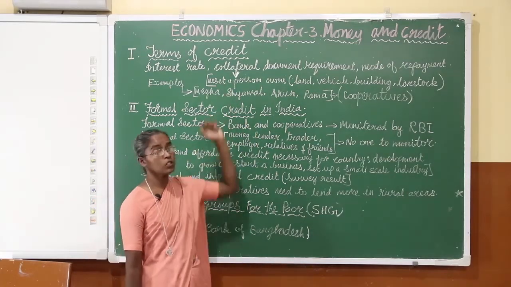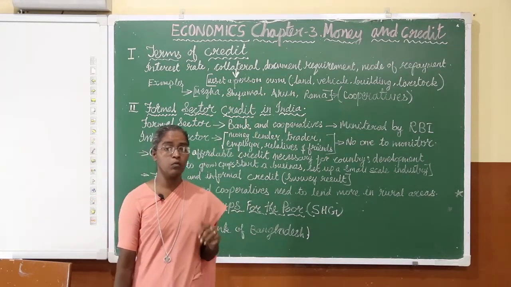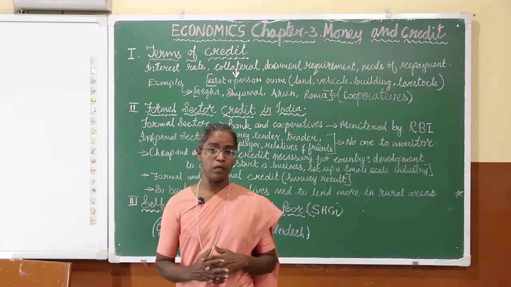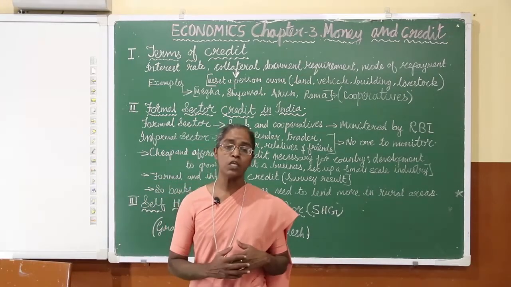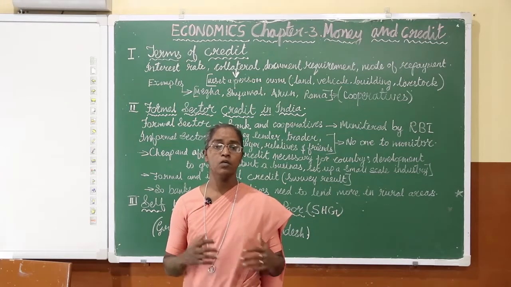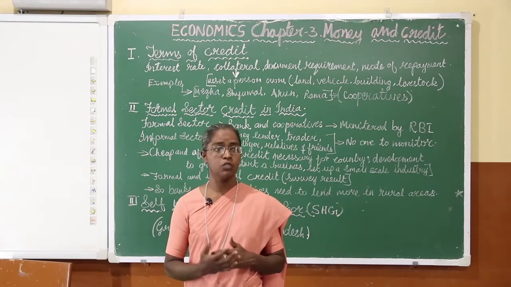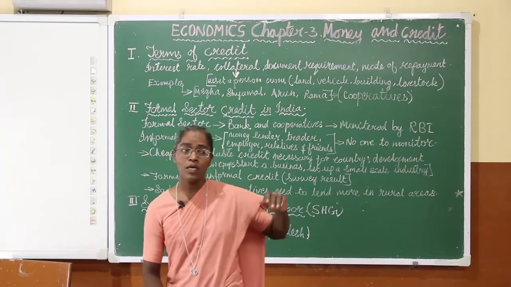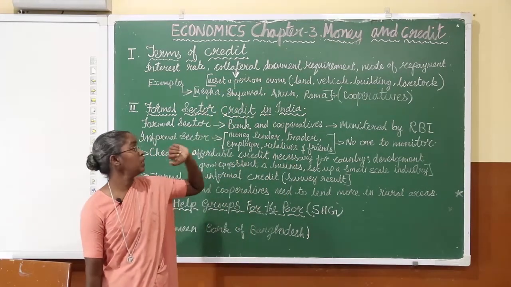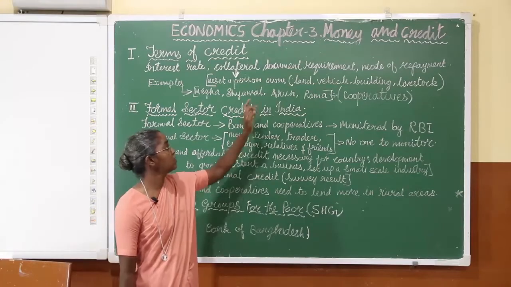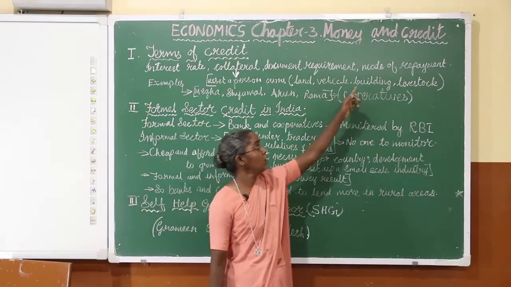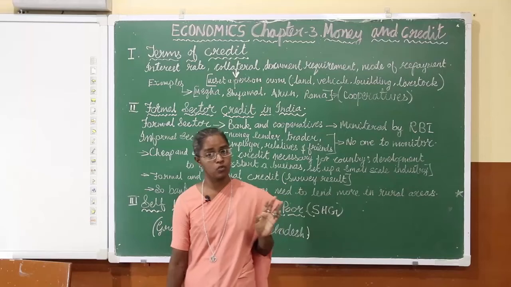And the second one is collateral. When you are taking a large amount from the bank, they will not simply give it to you. They need some proof, some security for the money or the credit which they are giving you. That is called collateral. This collateral can be in any form: a land which you have, or a vehicle, or a building, or livestock.